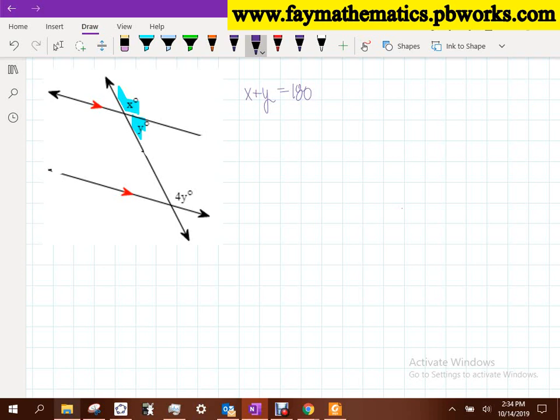So then I look at another relationship, and maybe I look at those two angles. What can you tell me about those two angles? Based on their position to one another, the x and the 4y, they are what to one another?